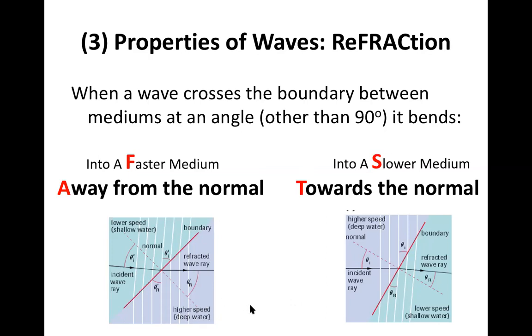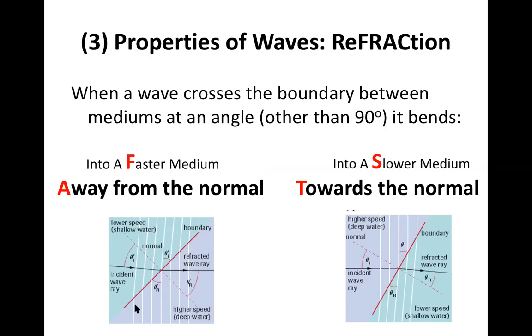And the angle in grade 10 that was important was the angle to the normal, but in grade 12, since the wave ray is 90 degrees to the wave front, we can actually use the angle between the boundary line and the wave front. You could draw a little triangle to prove with similar triangles that that's the same angle. If you drew the wave ray, the diagram would be the same as grade 10. But often we're drawing the wave front.